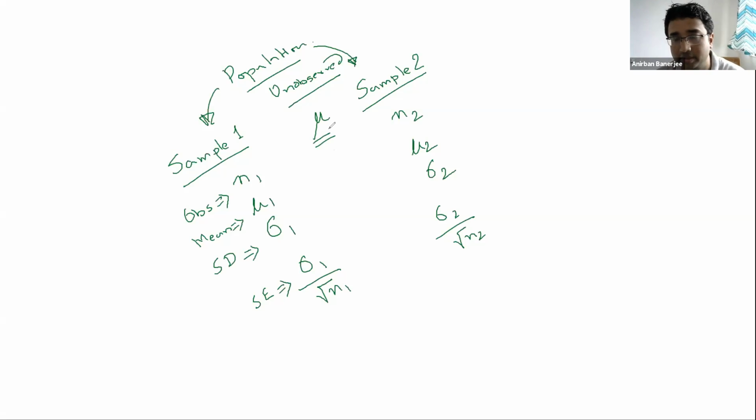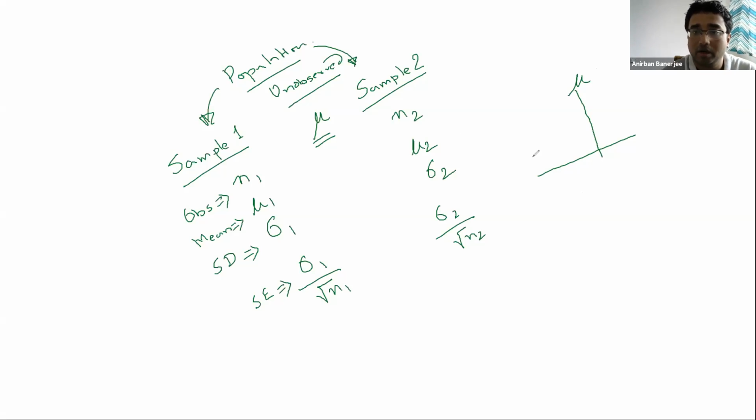Saurabh, you wanted to add something? No, sir. Okay. So let's say this is mu. I want to test if the population mean is mu. I have access to the sample.